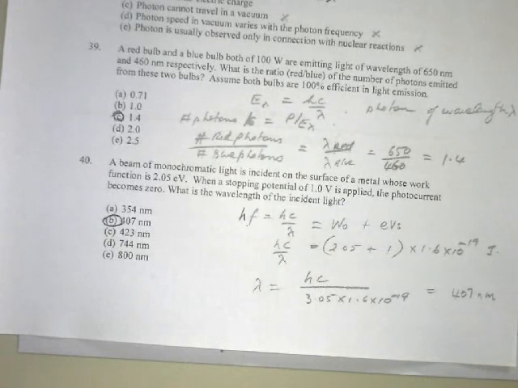Okay, and then once you've worked out 3.05 electron volts of energy, you think, okay, so what does the wavelength have to be? Because we know that a photon's energy is given by h times the frequency, or h times c on lambda, and then it's just a case of sticking in the numbers. Okay.